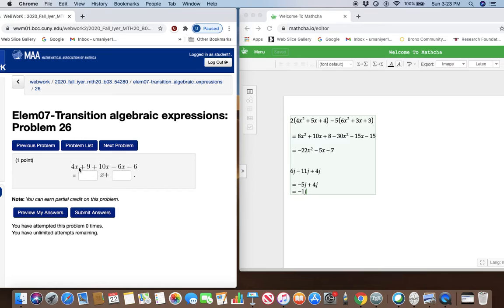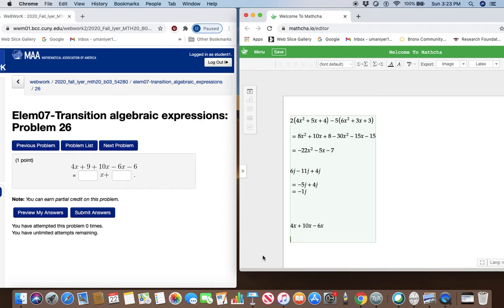Okay. 4x plus 9 plus 10x minus 6x minus 6. So notice, for the x terms, I have 4x plus 10x minus 6x.